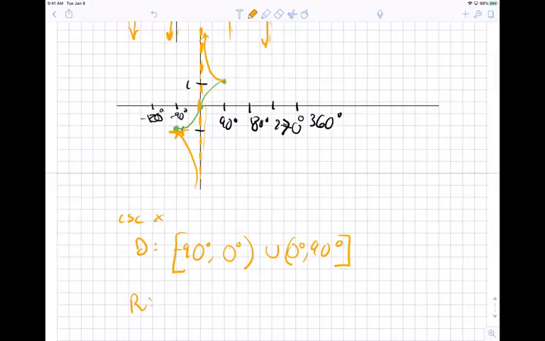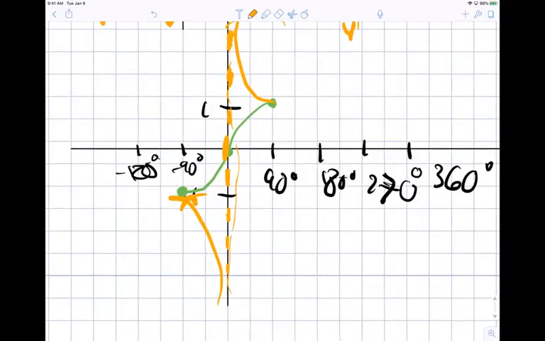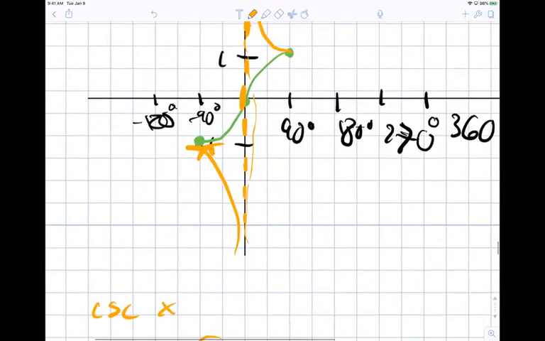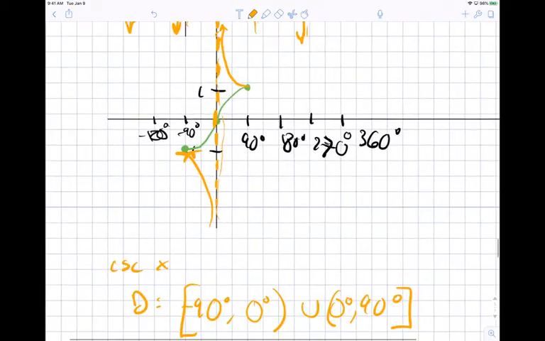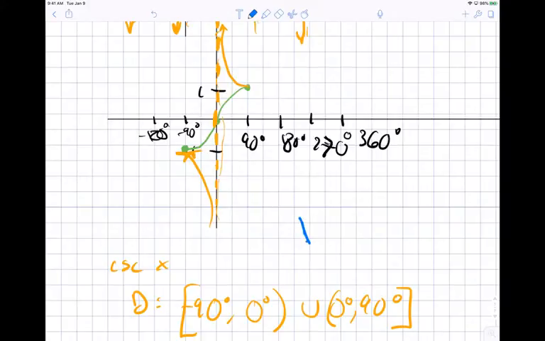Okay, if we're looking at the orange, if we're looking at this graph here, how far down does this graph go? To negative infinity, up to what y value? Infinity. Okay. Let's go like this. Okay. Let's go here. All right.